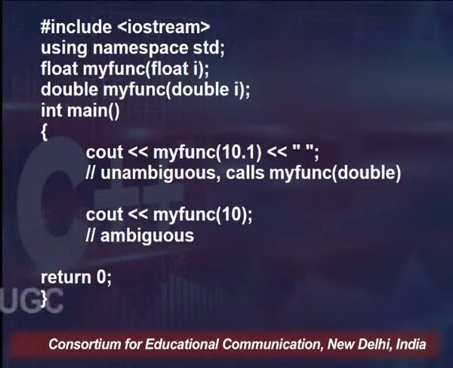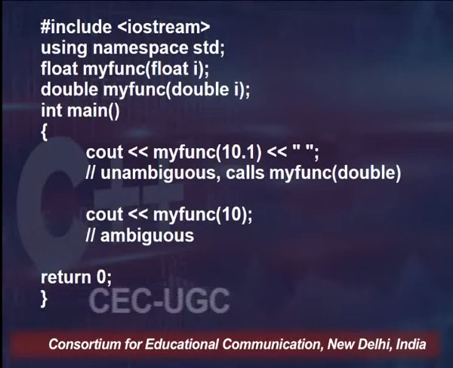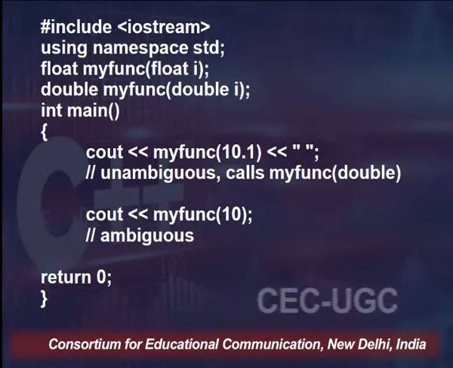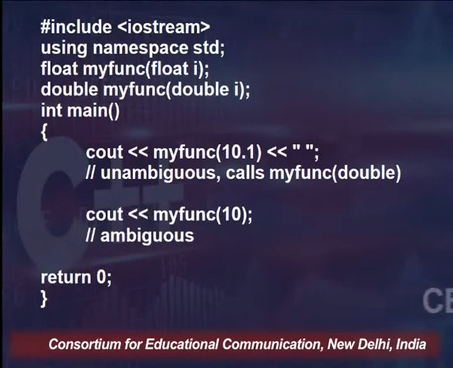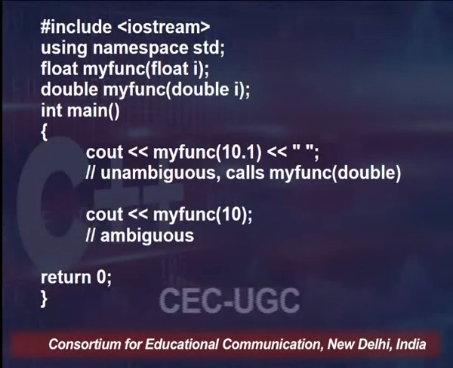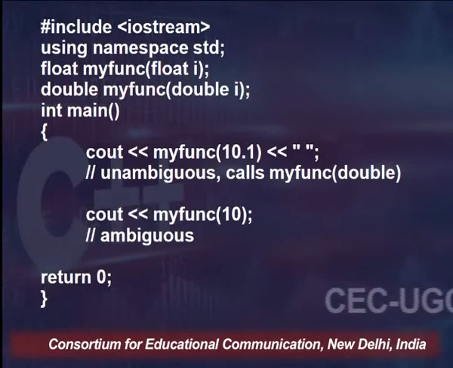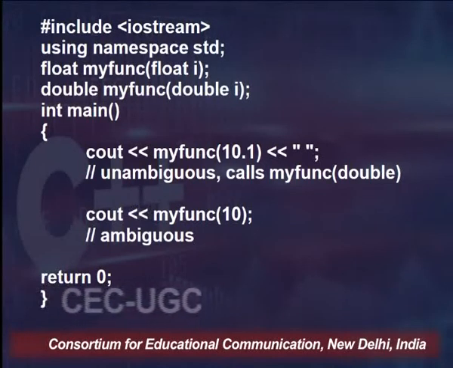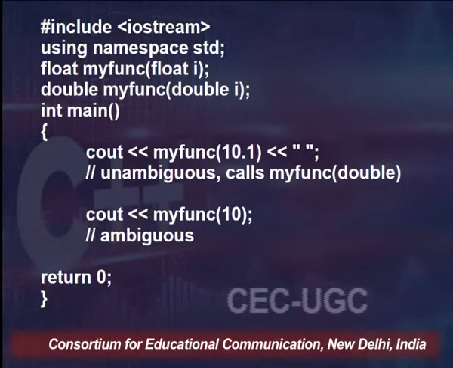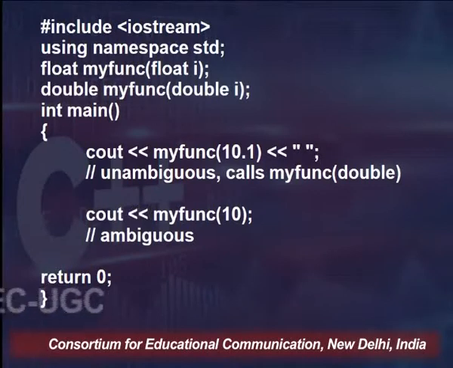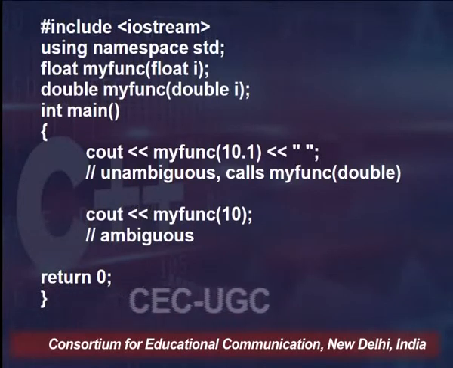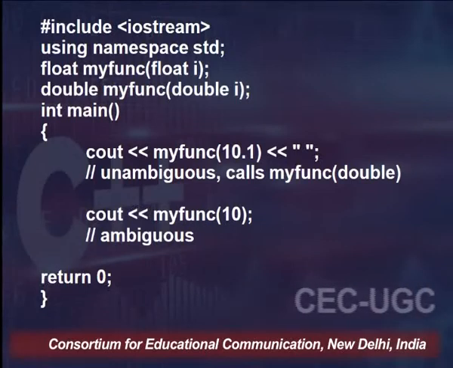Then please notice we have two prototypes of the function myfunc. One returns a float and expects a float as argument, and another returns a double and expects a double in the argument list. Because they have the same name, this is an overloaded function.